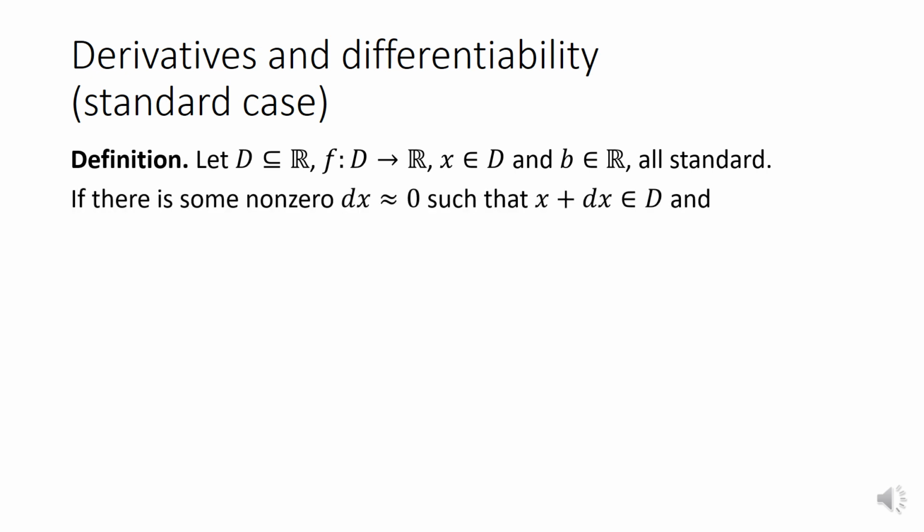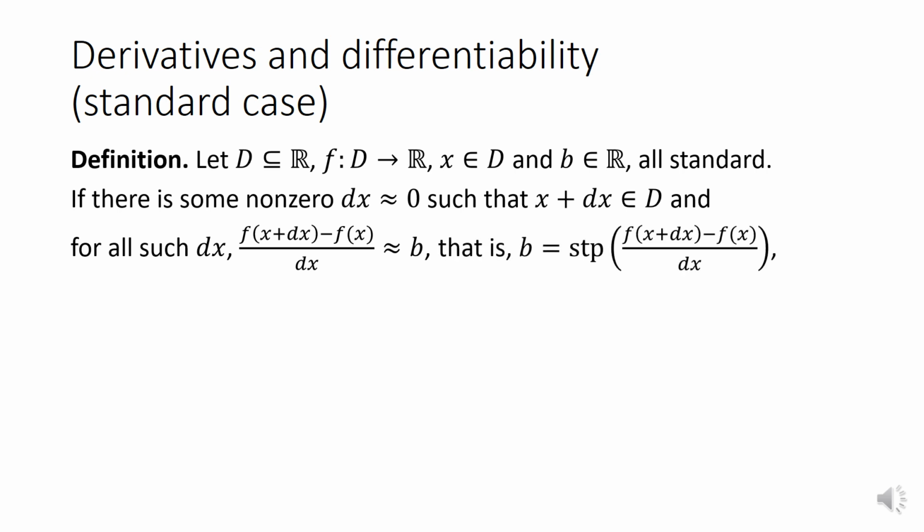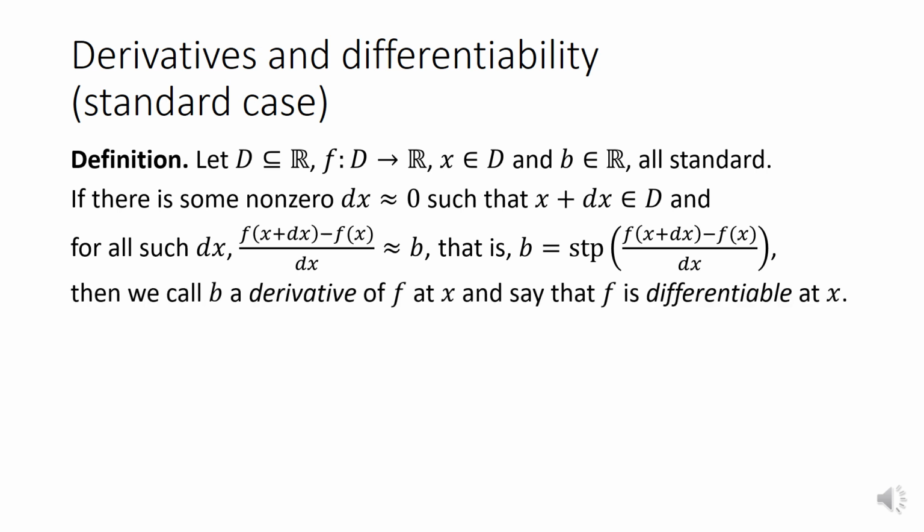If there is some non-zero infinitesimal dx such that x plus dx is in D, and for all such dx the differential quotient f of x plus dx minus f of x over dx is infinitely close to B, that is, B is equal to the standard part of the differential quotient, then we call B a derivative of f at x, and say that f is differentiable at x.